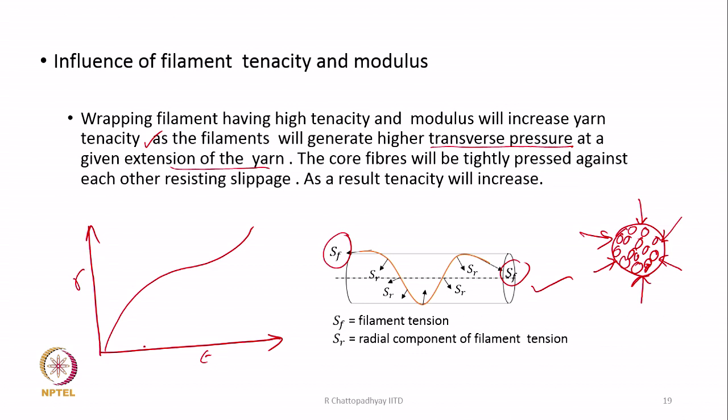So, as we keep on increasing the yarn extension, from here we go to, let us say here, the pressure, the force that will generate on the filament is going to increase. How much force will be generating all depends at what level of extension we are.